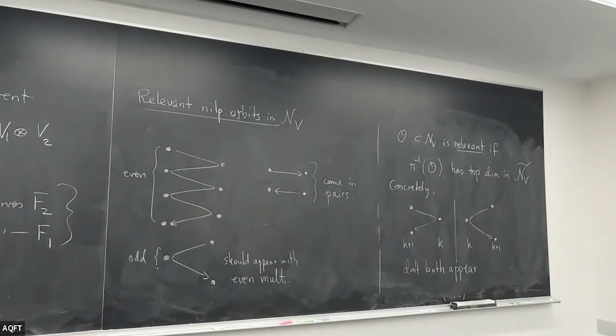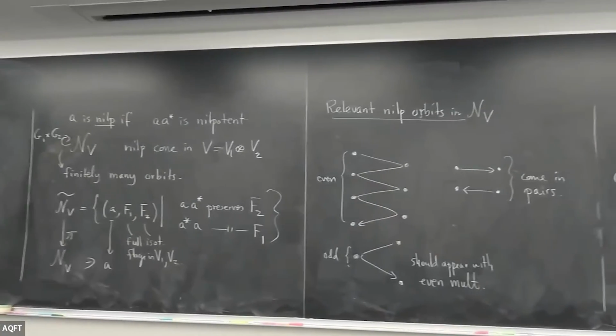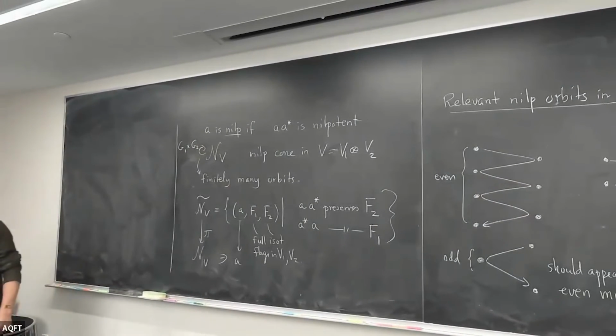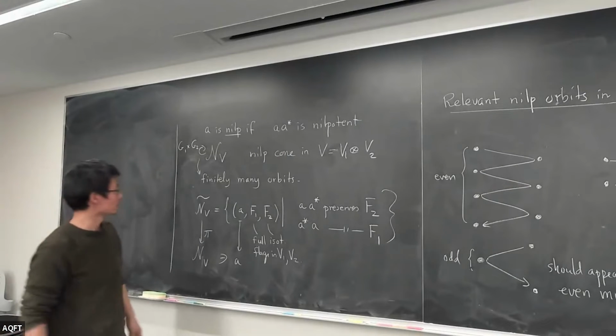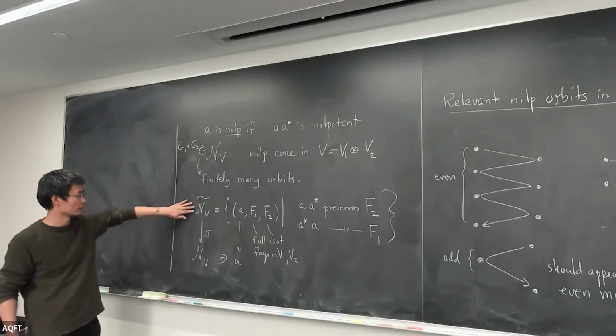So you can play with small examples. Can you describe relevance using, like, stabilizing? It doesn't have to do with stabilizer. It's really about dimension.